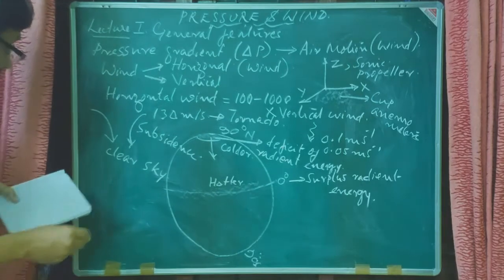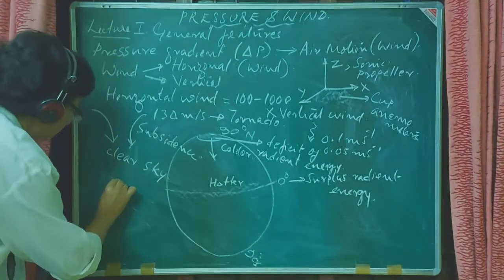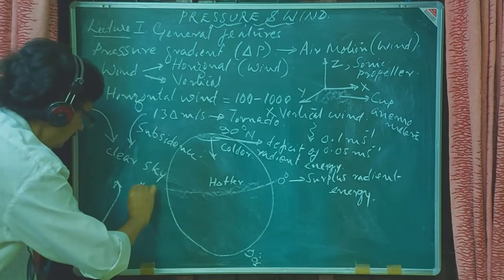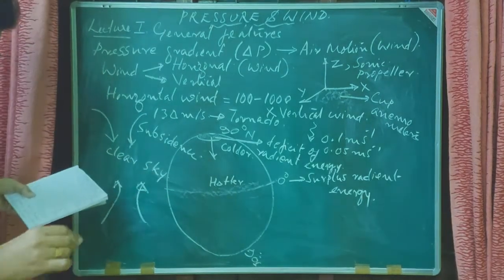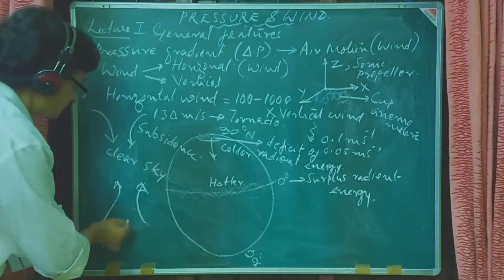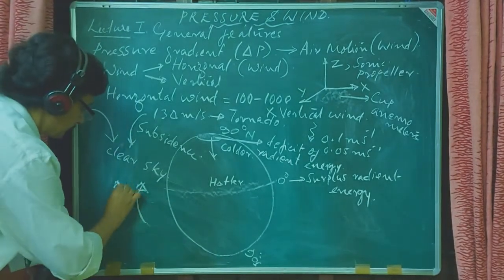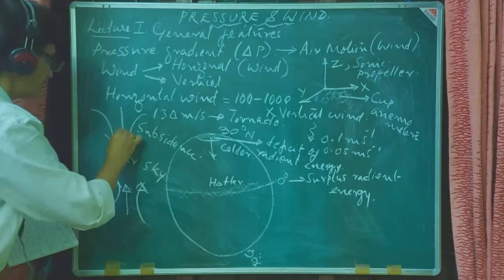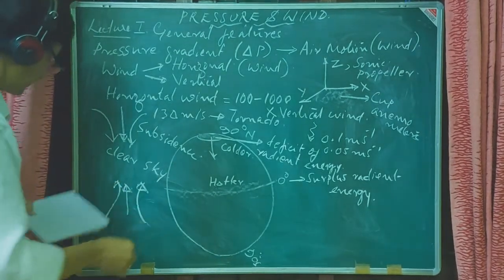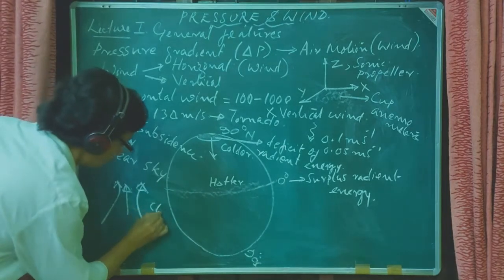Whereas the areas of divergence, where air motion is upward, while here air motion is downward, are characterized by clouds and precipitation.